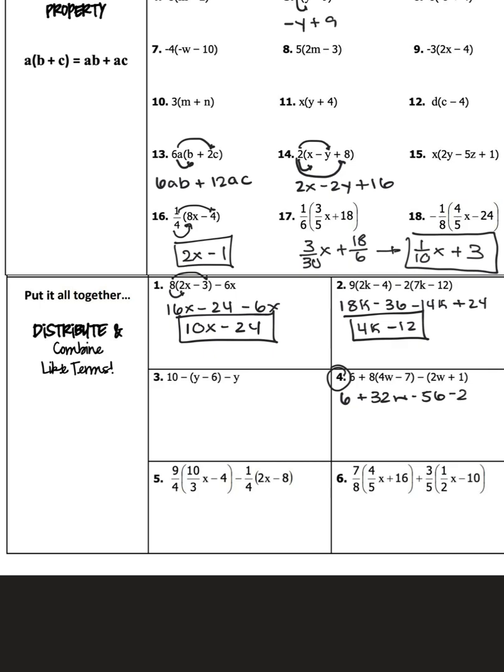So I have negative 2w, distributing that negative to each of those terms, and then I have negative 1 times a positive 1, which gives me a negative 1. So I have 32w minus 2w, which gives me 30w. And a positive 6 minus 56 gives me negative 50. And then negative 50 minus 1, that gets more negative, so that's going to give me negative 51.